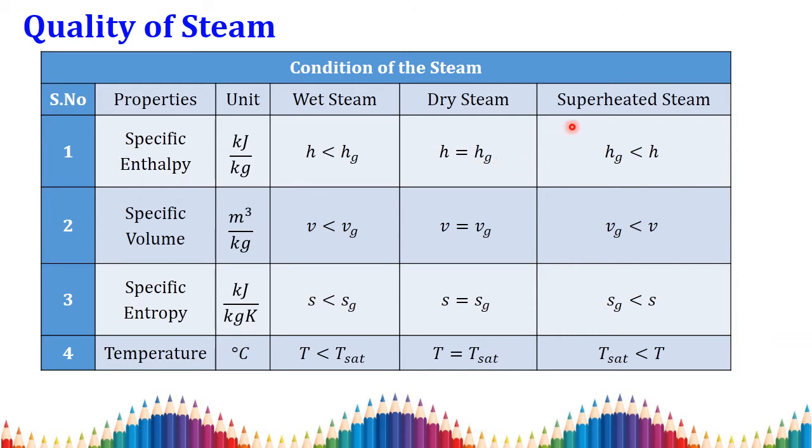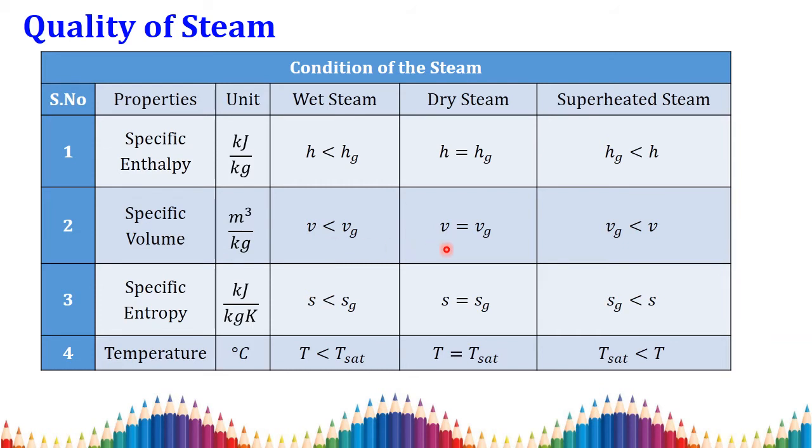Then if it is superheated steam, the specific enthalpy of the saturated vapor is lesser than the given enthalpy. This is applicable for specific volume also. For instance, if the given specific volume is lesser than the saturated specific volume of the vapor, then it is called wet steam.